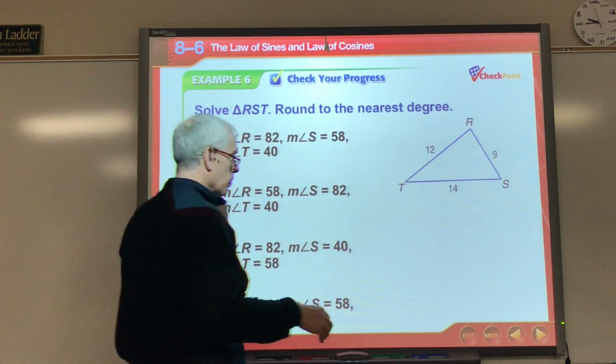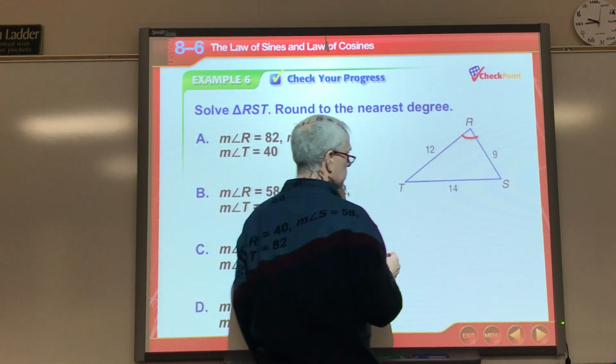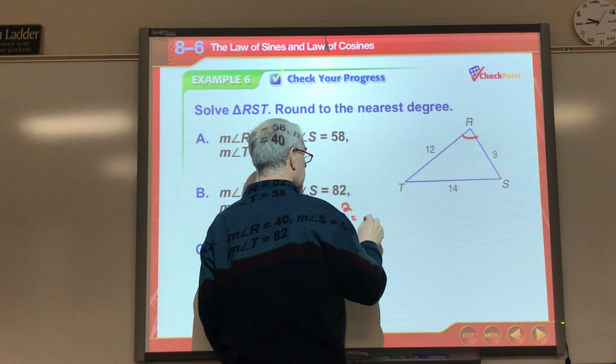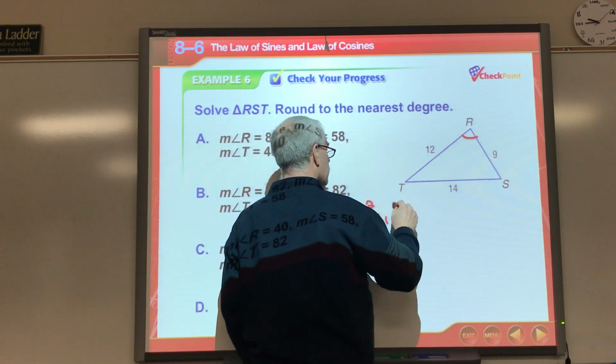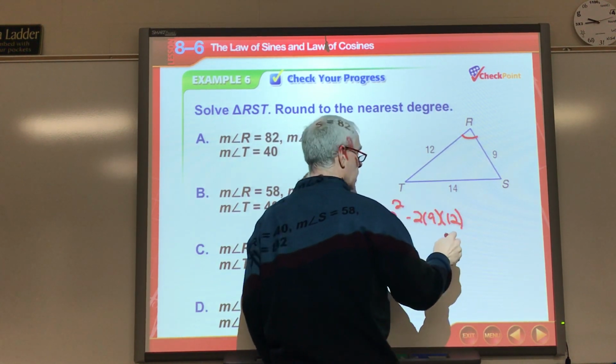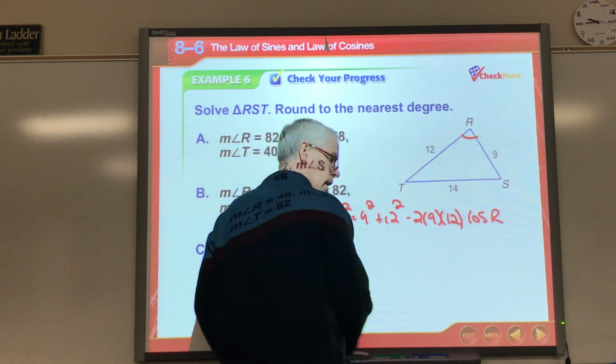All right, so I'm going to start by trying to find r, okay? So I'm going to go 14 squared is equal to 9 squared plus 12 squared minus 2 times 9 times 12 times the cosine of r, okay?